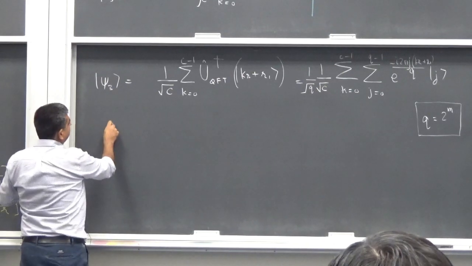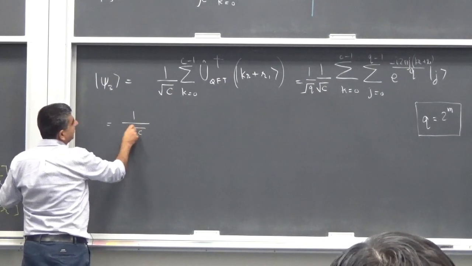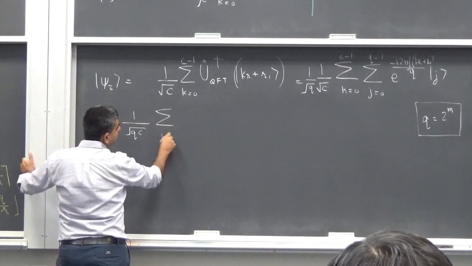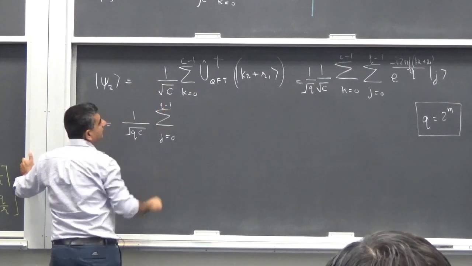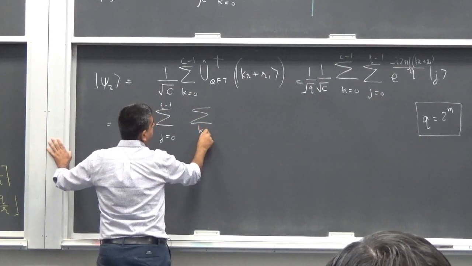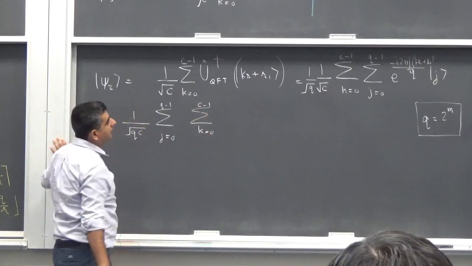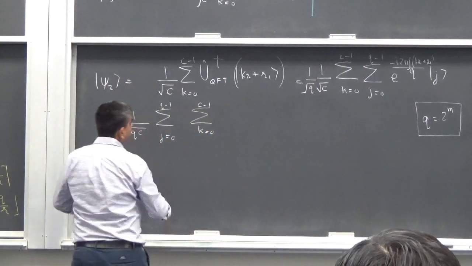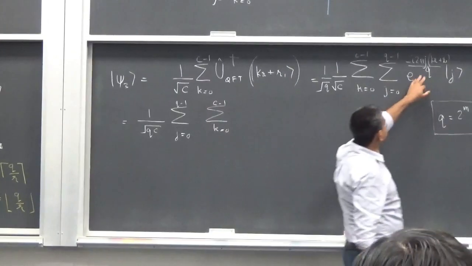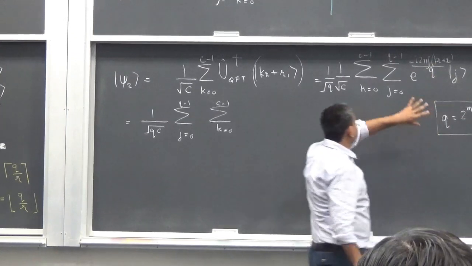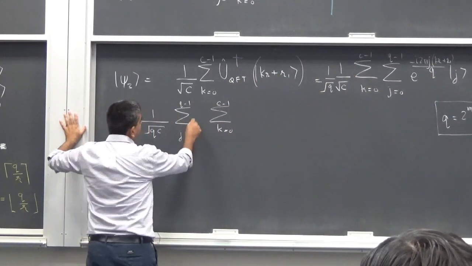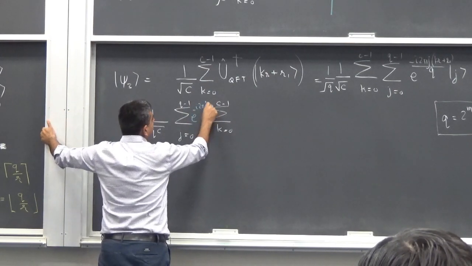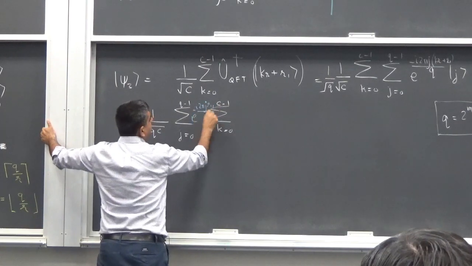Let me do a bit of manipulation and change the order of the summation signs a little bit. I can take the term that doesn't have a k in it and bring it out: e^(-i 2 pi j r1 / q).